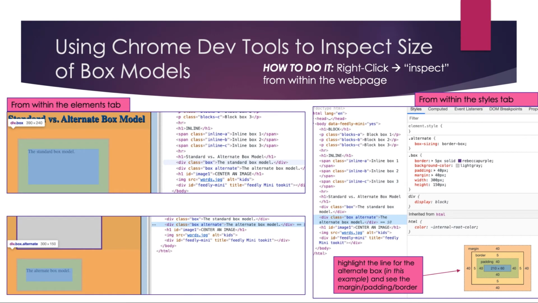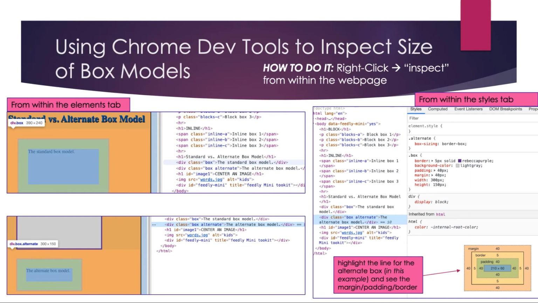And we also want to make sure we're using Chrome DevTools to inspect the size of our boxes. So we've said this before in a previous class, but if you go into Chrome, right-click on the home page, select Inspect, and from in that web page, you can start within the Elements tab, and you can simply drag your mouse across any part of your code in this section here, and you'll be able to see the difference between the box that is standard and the box that is alternative. You can also do some more stuff.